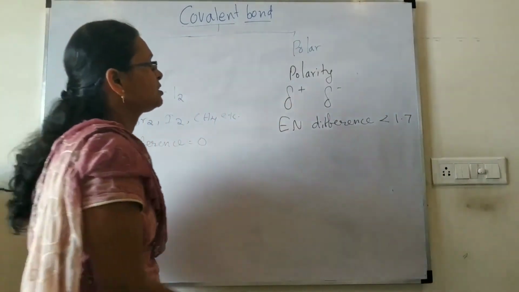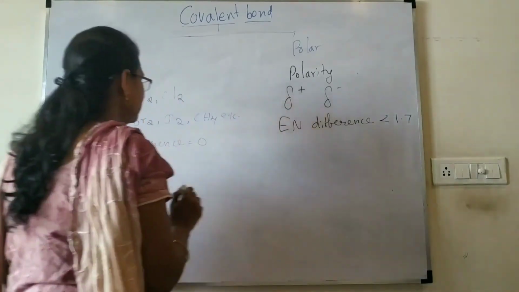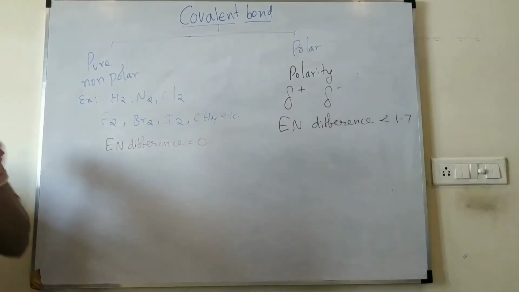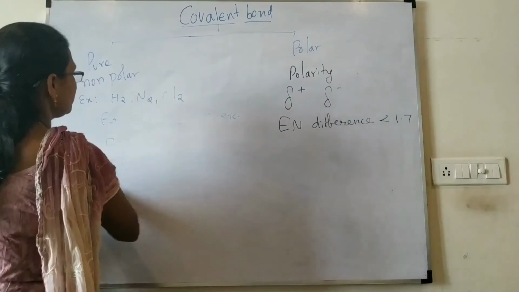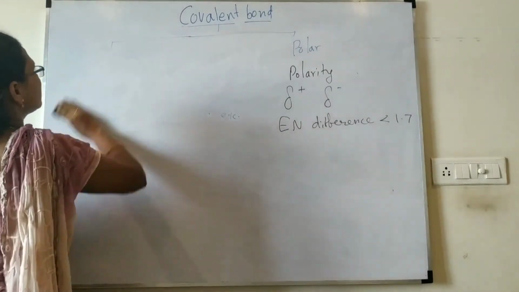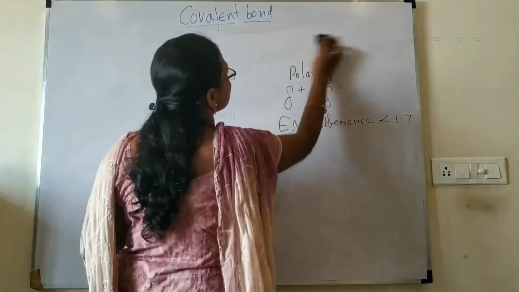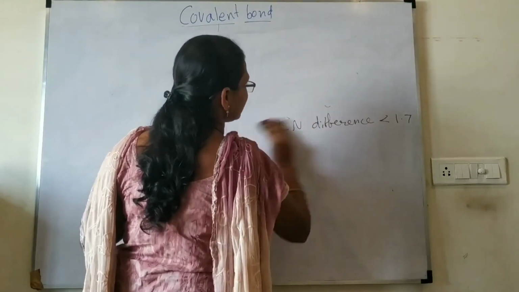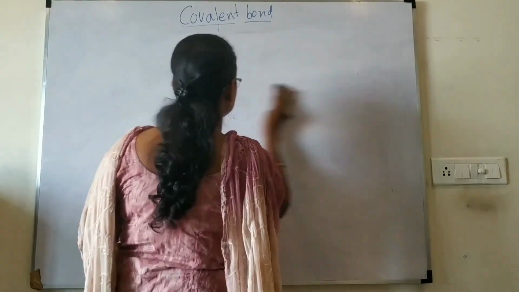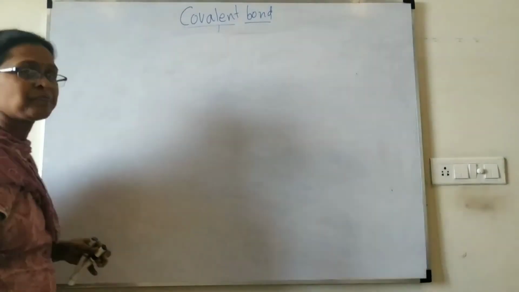Like this we can say. I have explained the non-polar covalent bond, and now I will explain the polar covalent bond, including the electronegativity and the charges. This is actually a very easy concept.